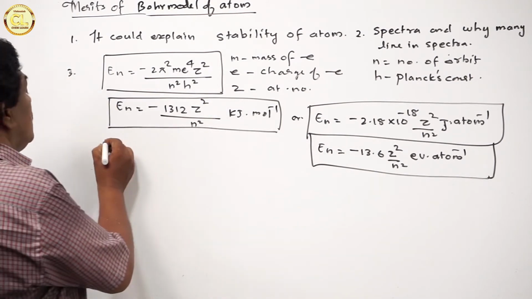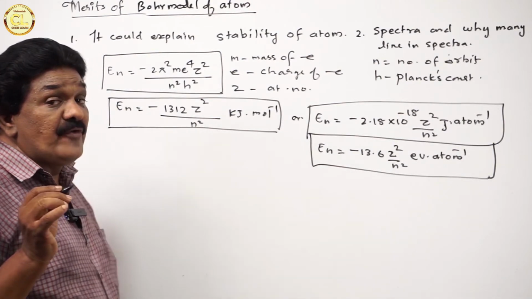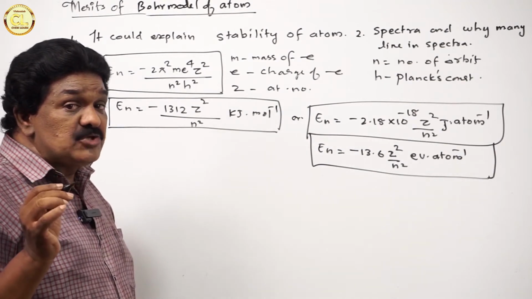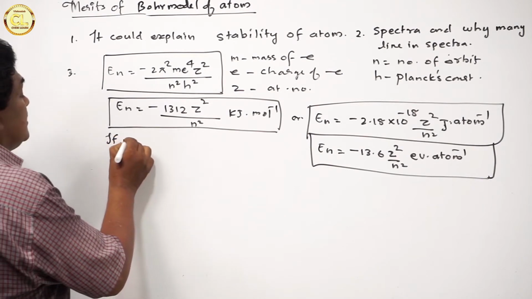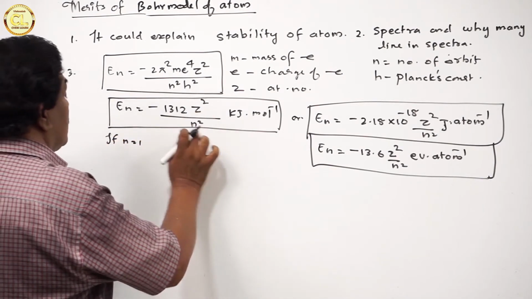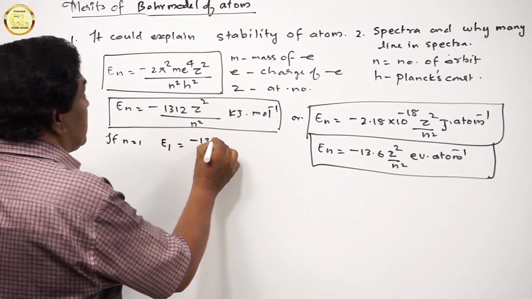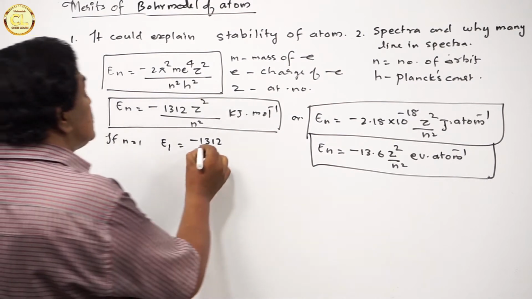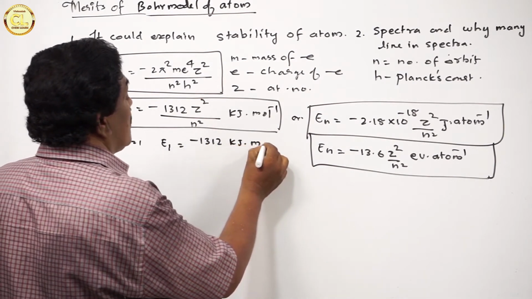Now, if we calculate the energy of the electron in each orbit, see, if n is equal to 1, E1 becomes minus 1312 into Z, for hydrogen Z is 1. So 1312 kilojoules per mole.